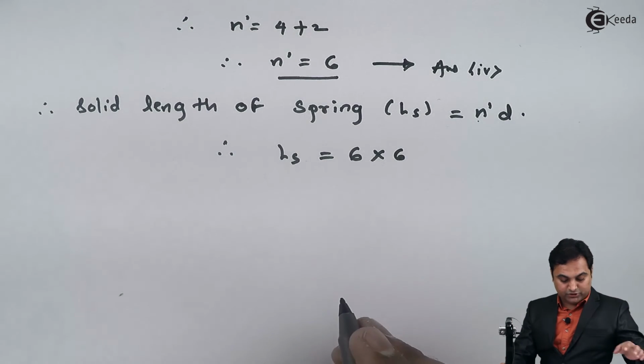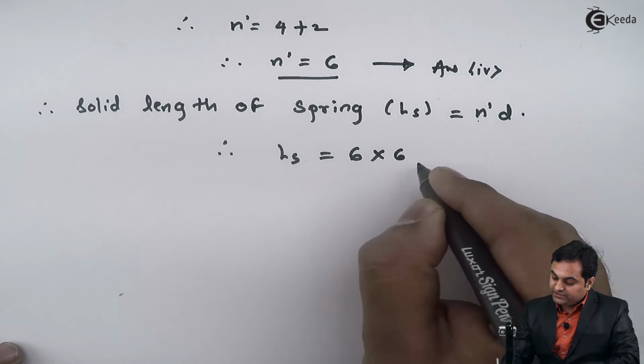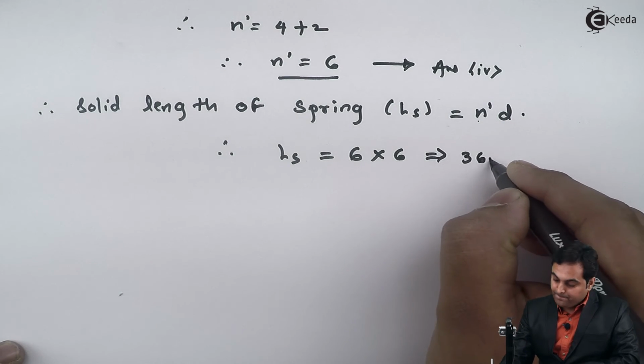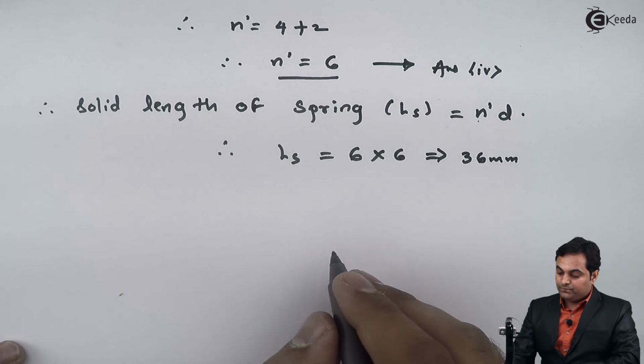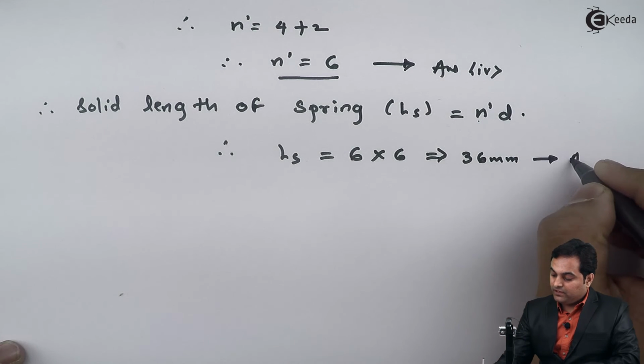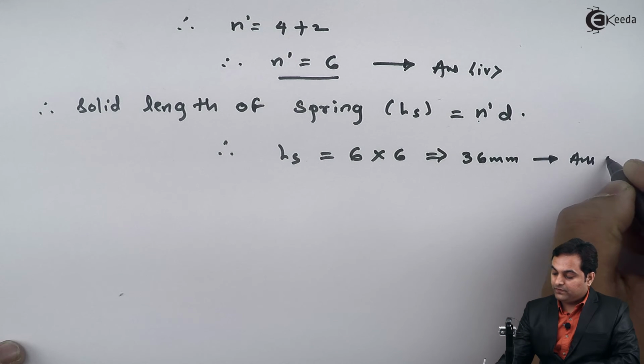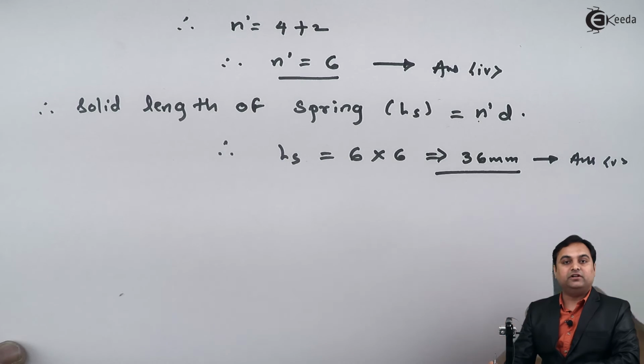So here I get the solid length as 36 mm. This is our fifth answer, that is the fifth parameter which we have calculated.